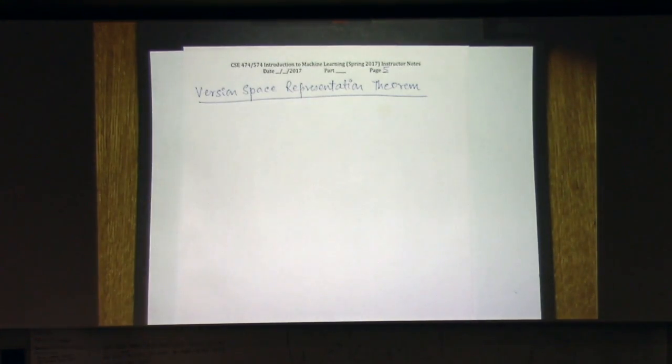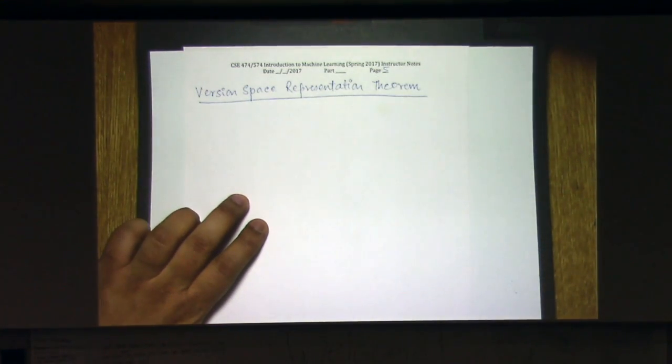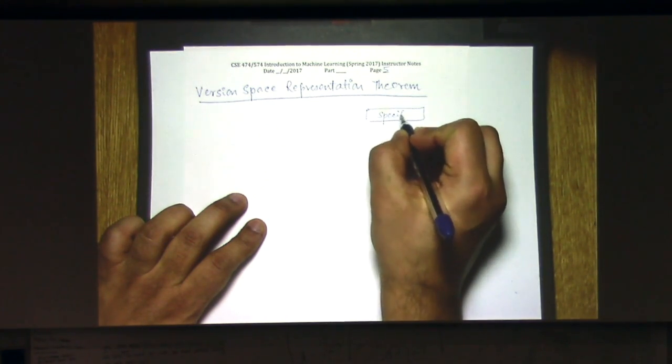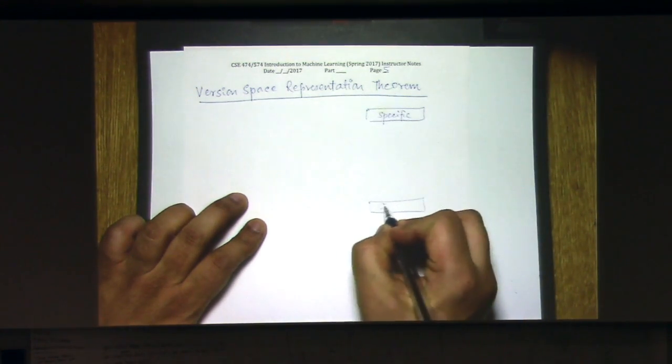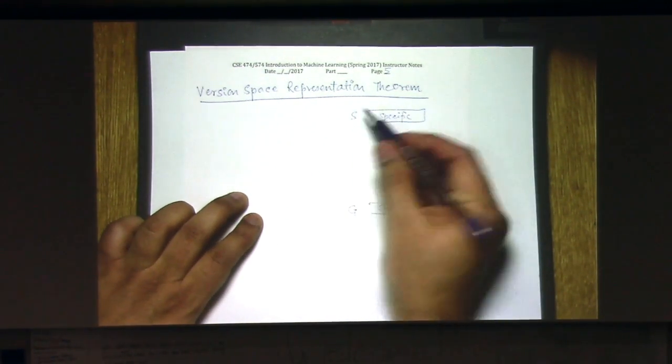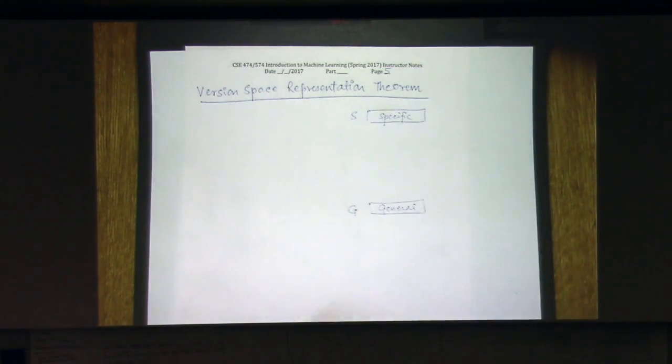So what does the version space representation theorem say? It says that if you can arrange your version space into a form where you have the most specific hypotheses here and the most general here, then S is a set of hypotheses such that there cannot be any hypothesis more specific than these. That's just a definition. And G is all the hypotheses in your version space such that nothing can be more general than this.